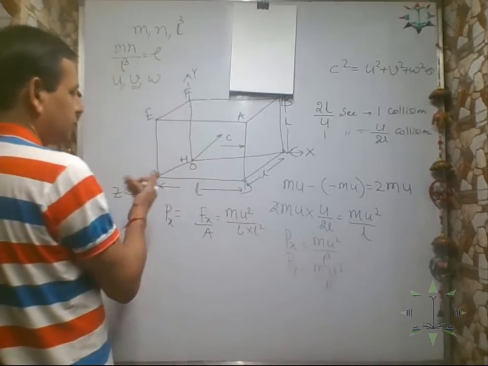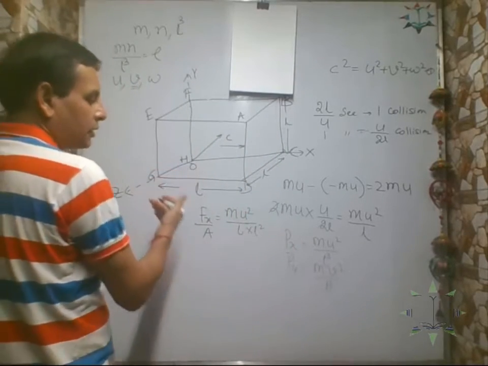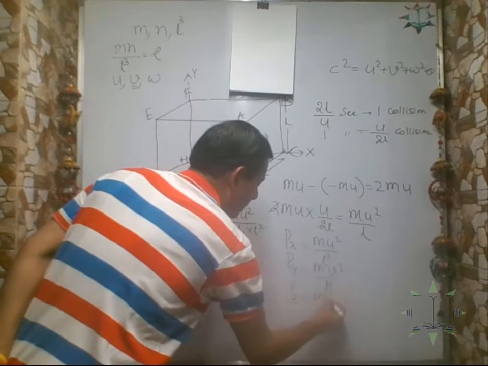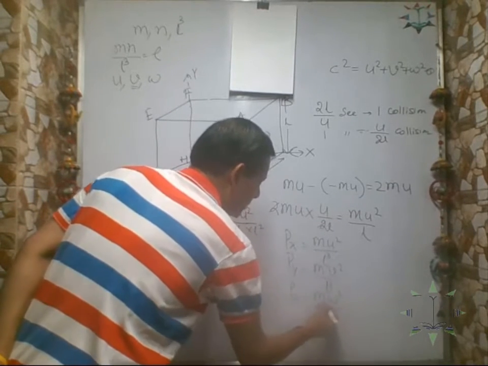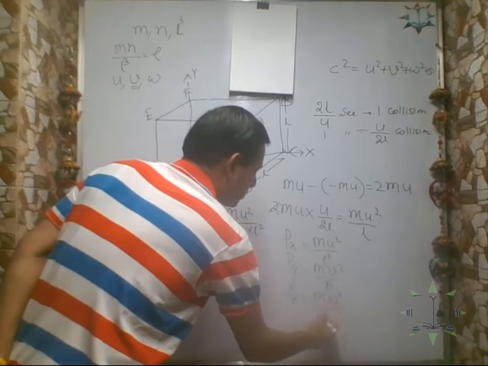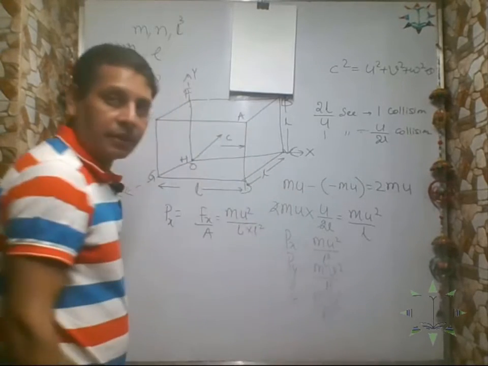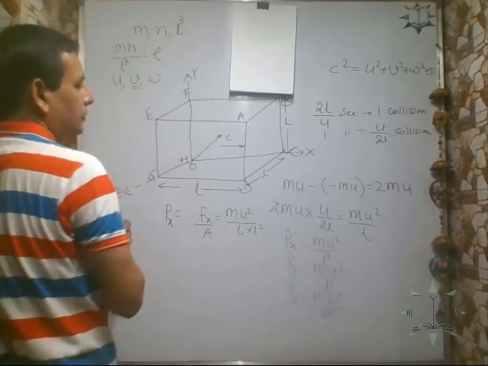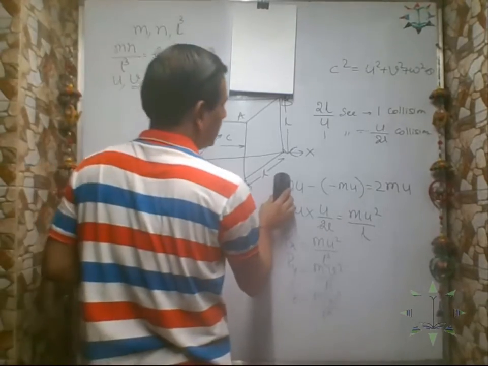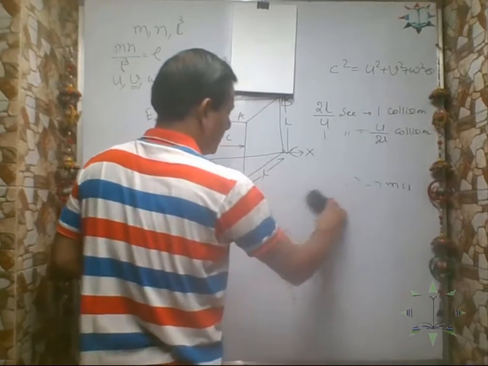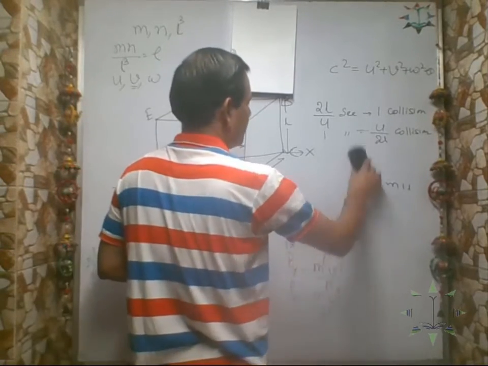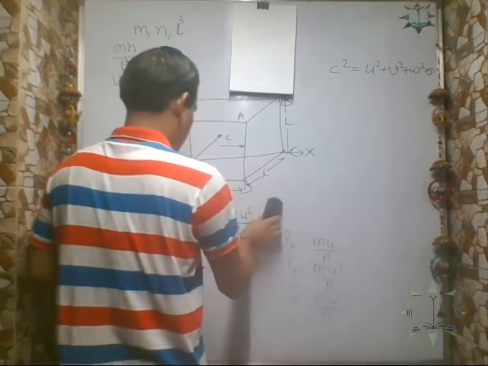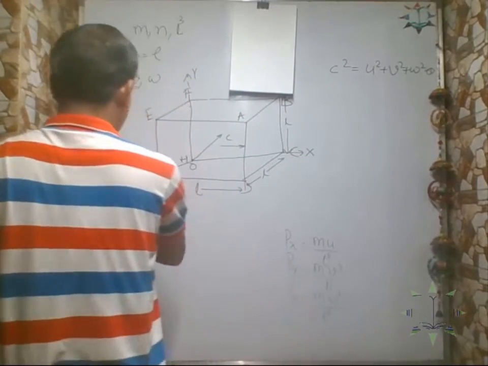If I consider the motion of the molecule along the z-axis, what will the pressure along the z-axis be? The component of velocity along the z-axis is w, so it is m w square by L cube. Correct? So we have derived the pressure along the x-axis, y-axis and z-axis.